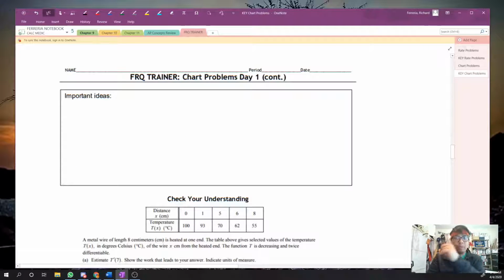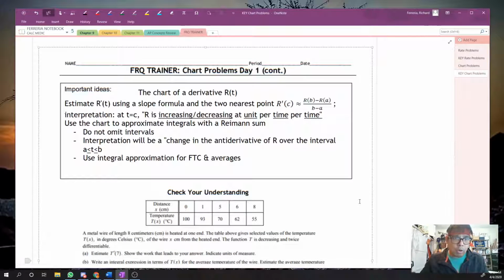Which brings us to the important ideas. Presto. The chart of the derivative, r prime. So the first thing I want to impress upon you is that if you need to estimate r prime at any place where r is the function in the chart, you're just going to take the 2 points closest to where you want to estimate, which we're calling c here, and you're going to use the slope formula.